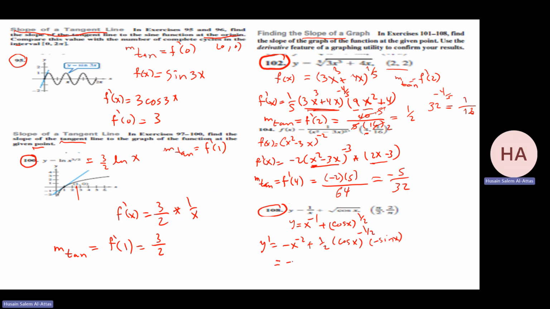So that will be minus x minus 2 minus sine x over 2 root cosine x. We have a problem. Cosine pi over 2 is 0. So y prime is undefined at x equal pi over 2. So the slope is undefined, since the denominator is 0.